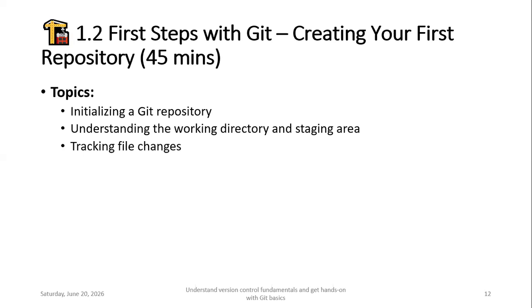So we will initialize a Git repository in our project. Number two, we will show the basic commands that will give you the best understanding of the working directory, the staging area and the repository. And we will also show how we can track the file changes.